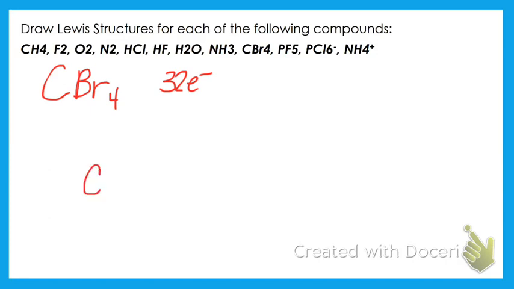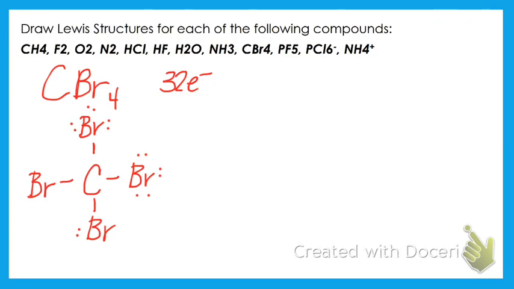So we're going to attach all of our bromines, and then we're going to give all of our bromines their octet. So give everybody 3 sets of lone pairs or 6 valence electrons. And hopefully you should add that up, and it should add to 32.